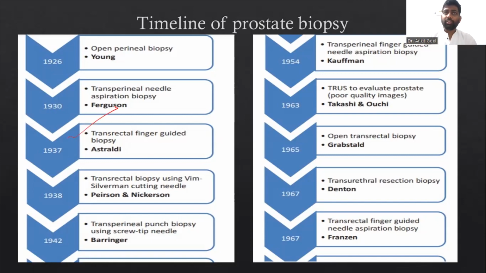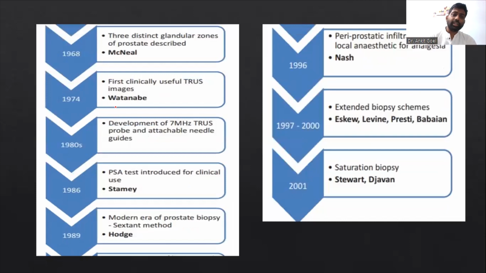Then gradually both the transrectal and transperineal biopsies simultaneously evolved in the form of needle biopsies until we reached the 1970s, where the first clinically applicable use of transrectal ultrasound came into existence. And then transrectal ultrasound guided biopsies became predominant. This is a brief timeline.